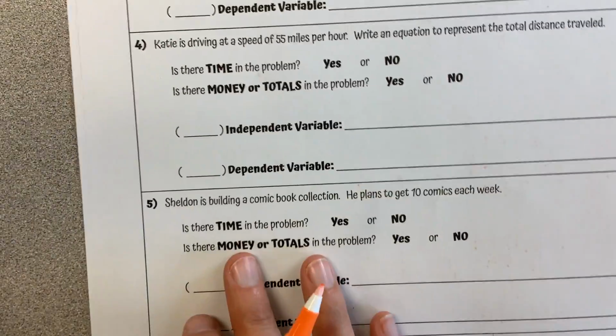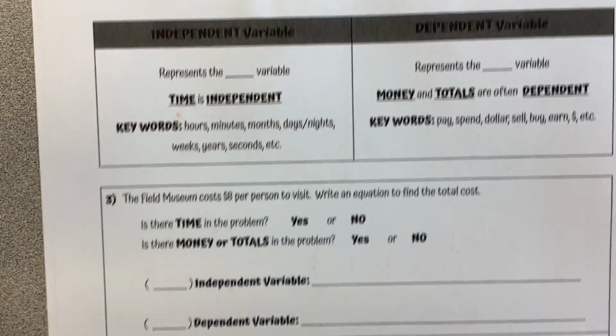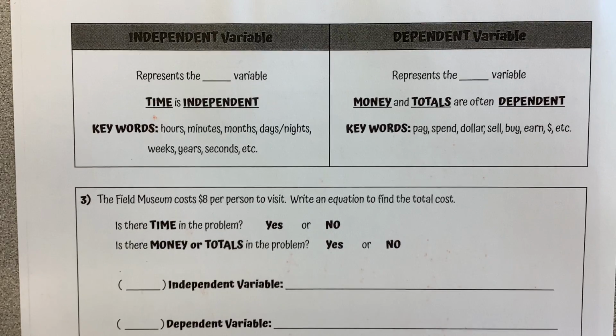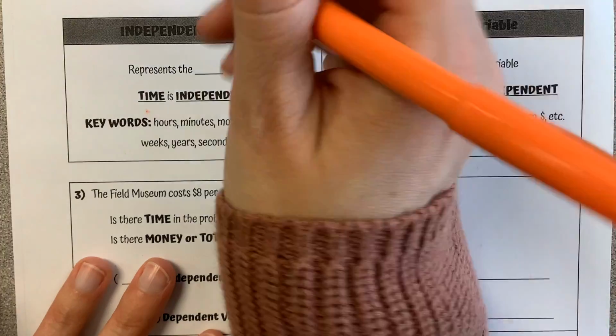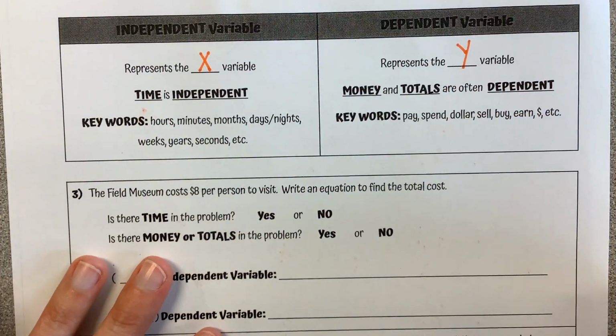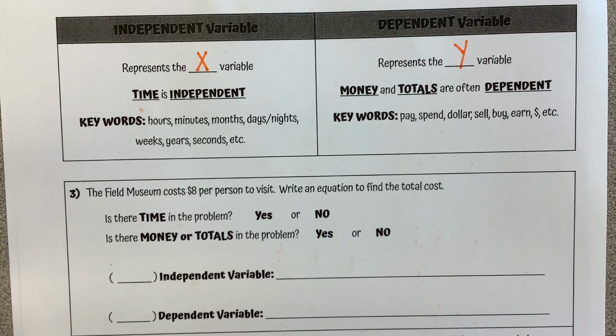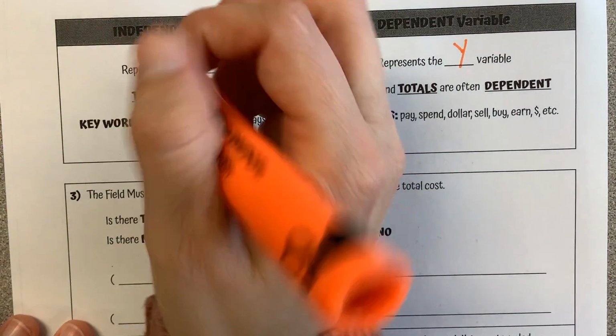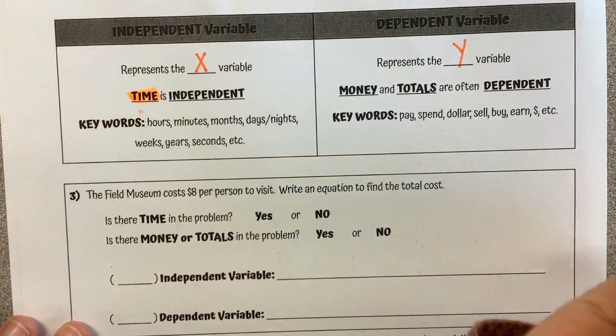Now let's look at independent versus dependent variables. So this chart on the top should be helpful. So remembering that the independent variable represents the x variable versus the dependent is the y. And then key parts here. Time is independent.